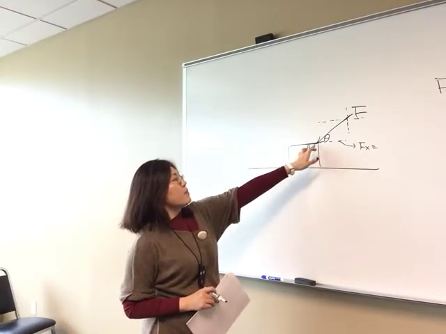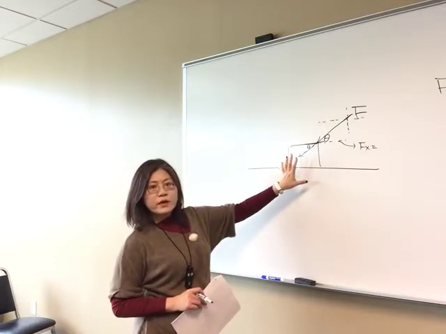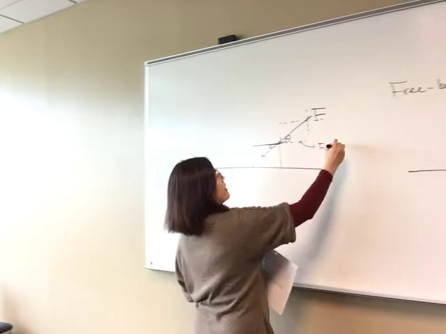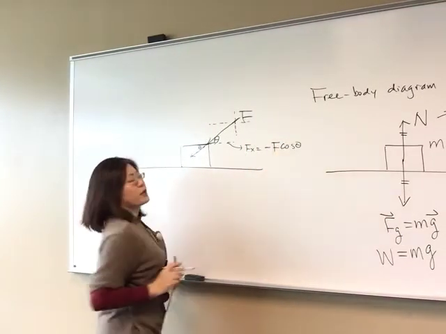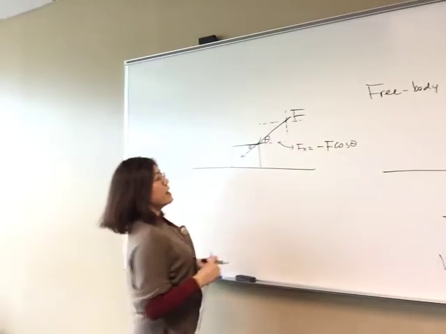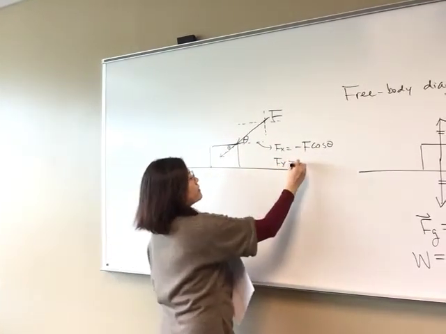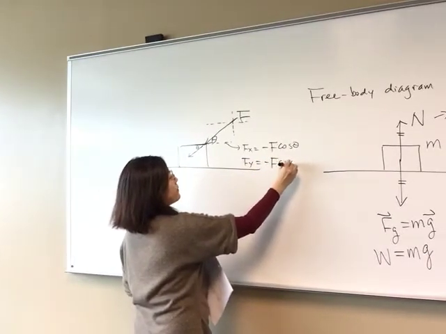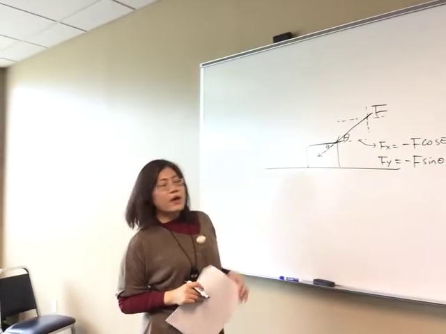Now remember, because it's going leftward and downward, you have to put a negative sign in front of it. So you have negative F cosine theta. That's the x component of the external force. And the y component is opposite the angle, so you have negative F sine theta. Okay, so that's your x and y component given the diagram like that.